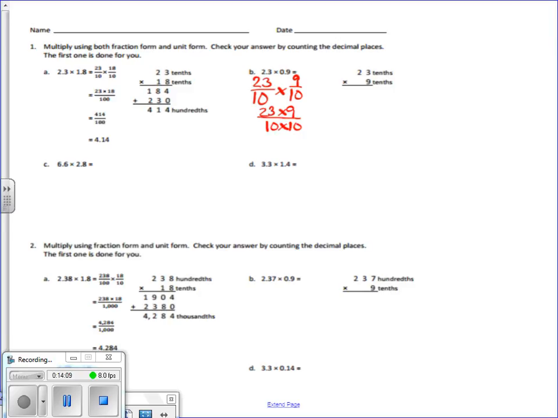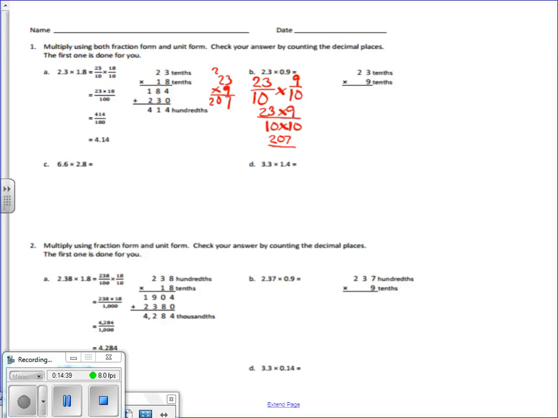Then multiply 23 times 9. I'm just going to do that little bit of math off to the side. 9 times 3. 9 times 2 is 18, plus 2 is 20. So my numerator is 207.